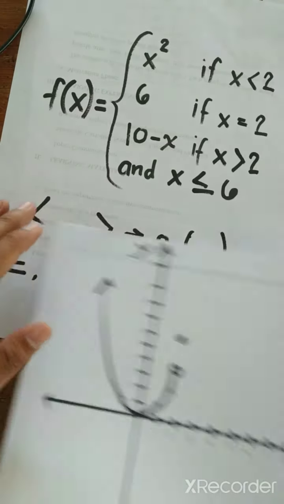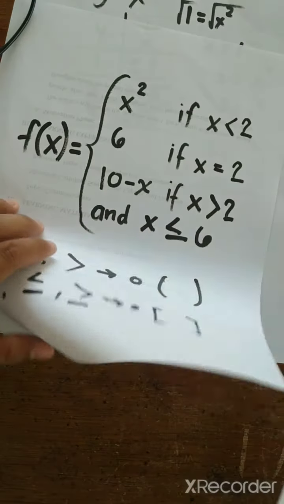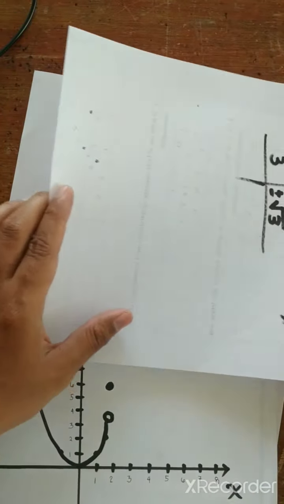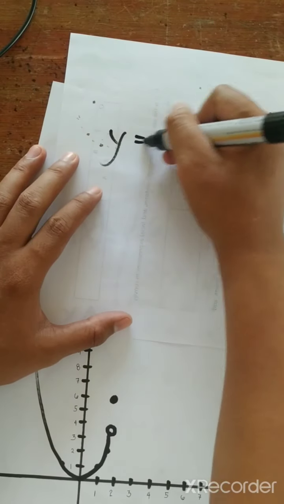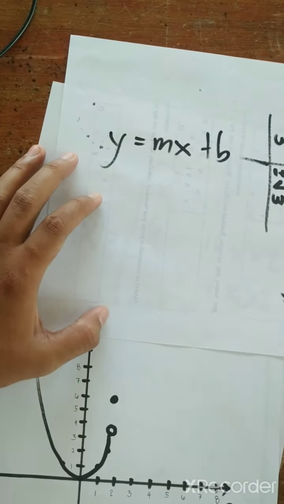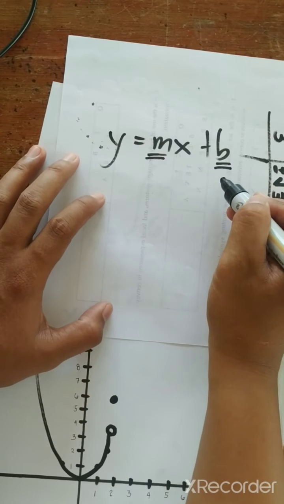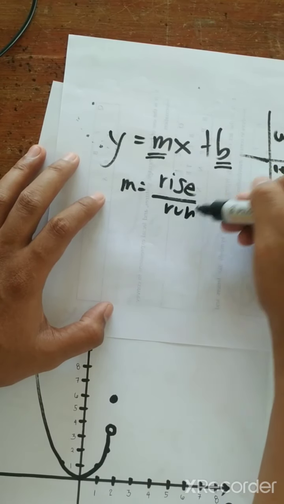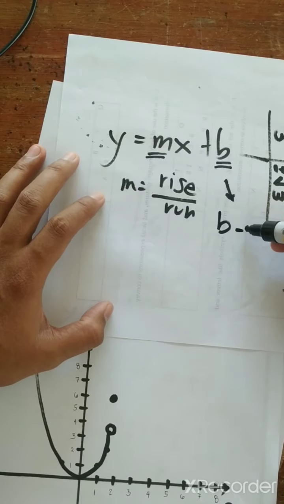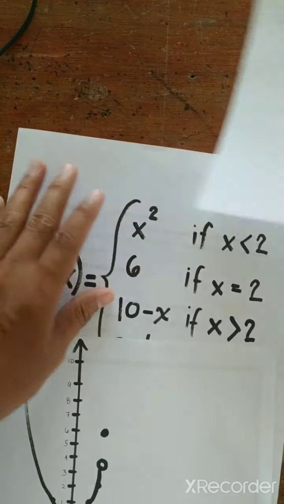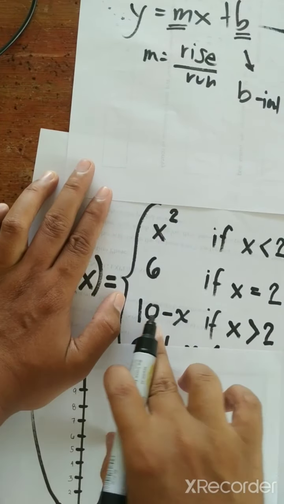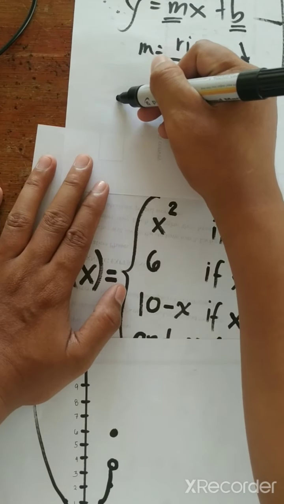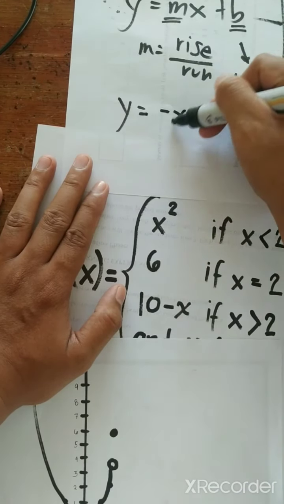Okay, last one. So we have 10 minus x. At this point we can actually just make a table of values, but it will be much easier if we use the slope intercept form. Remember that this is the slope and this is the y-intercept. Slope is given by rise over run. If we rewrite that into mx plus b form, it would be y equals negative x plus 10.